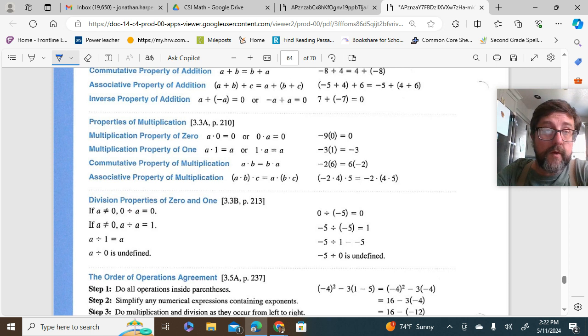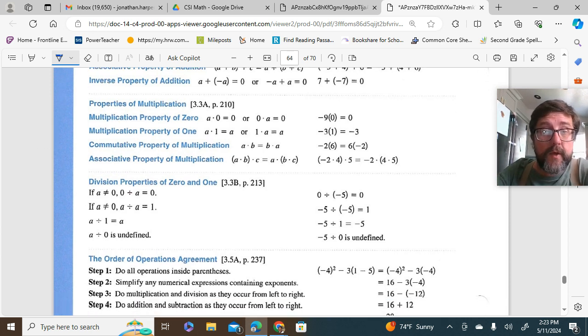So properties of multiplication. Multiplication property of 0: anything times 0 is 0. So if I say I have $1 million times 0, I'm still going to have 0.